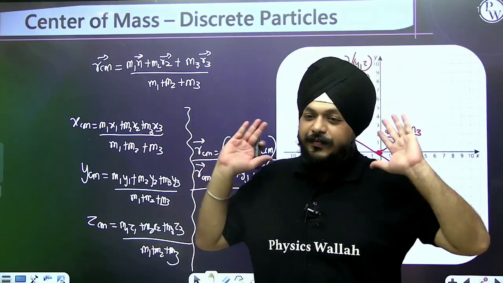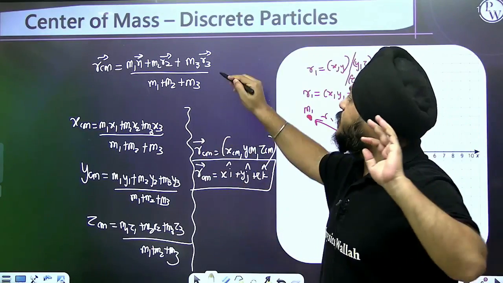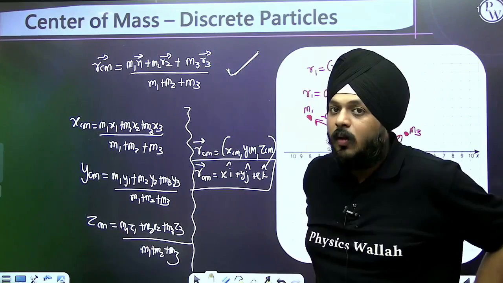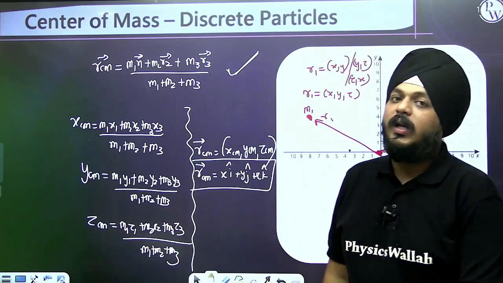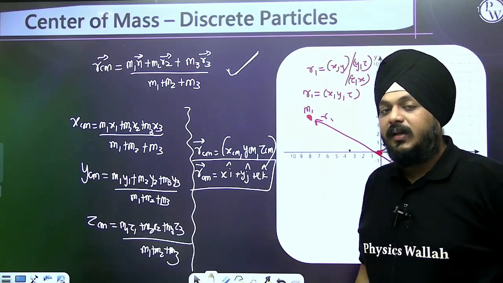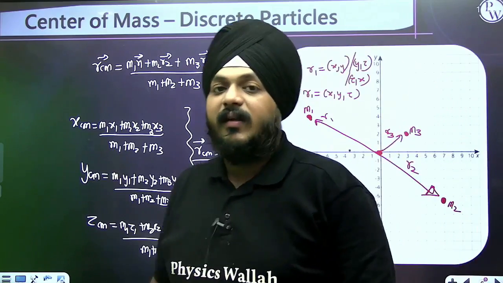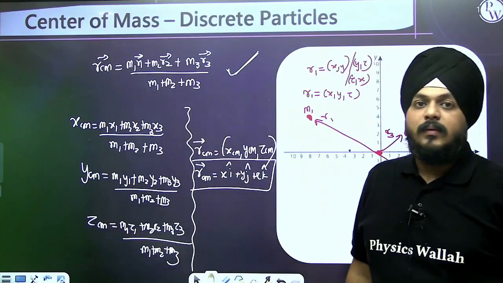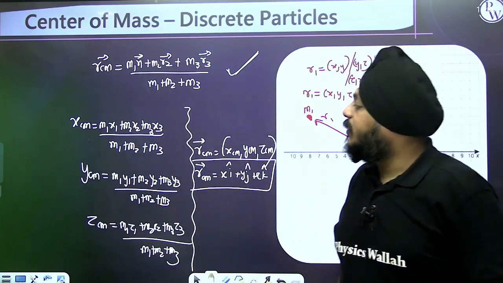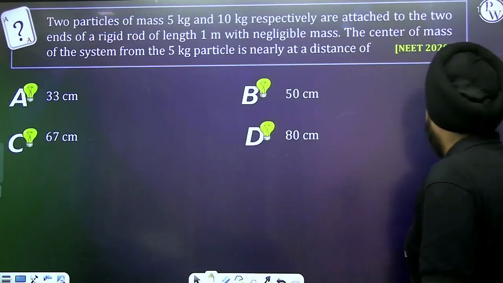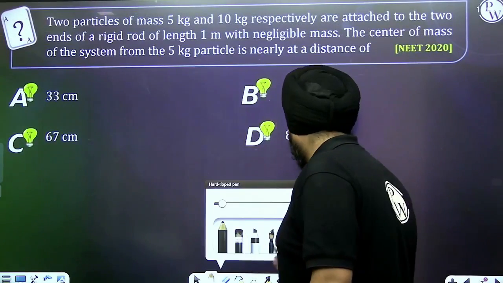If you are having very good practice, my suggestion is to use this formula in a single shot. Why? Because this is only going to help you increase your speed and accuracy. Now, let's see some sums based on this formula.